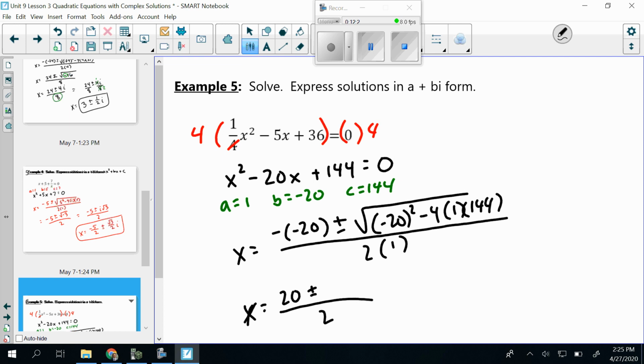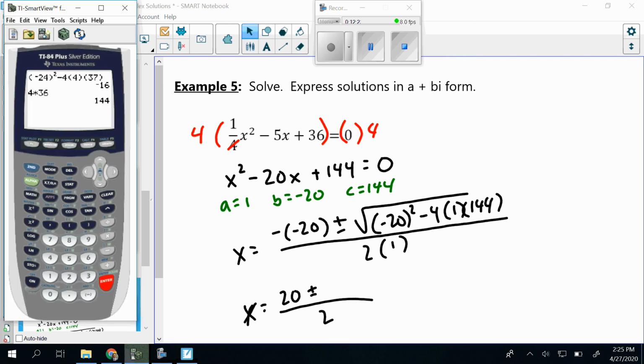Let's do our discriminant part, that part underneath the square root again. Do it without the square root, so you've got negative 20 squared, and again parentheses are important here because we want that to come out positive, minus 4 times 1 times 144.